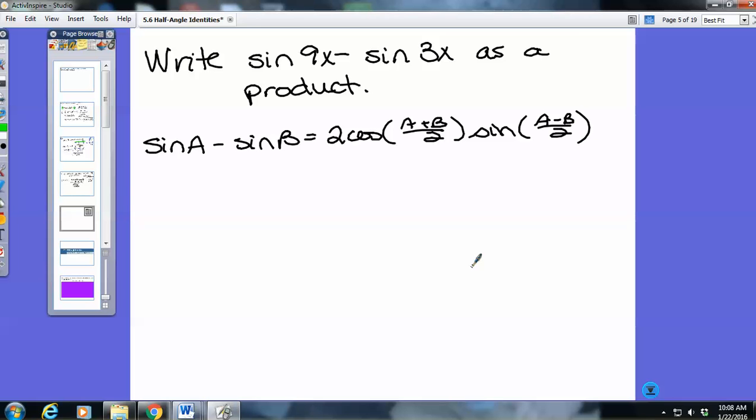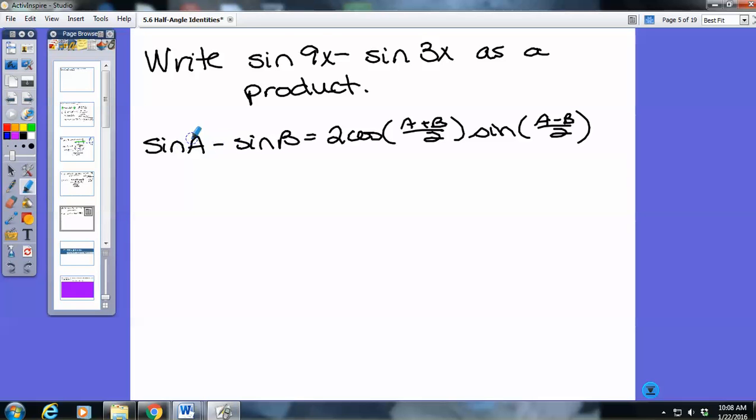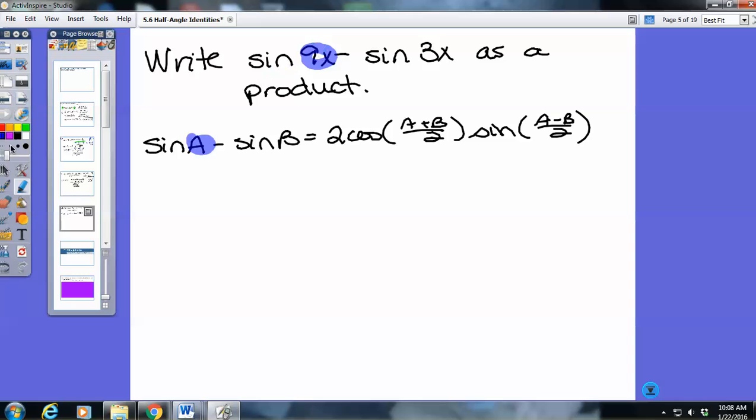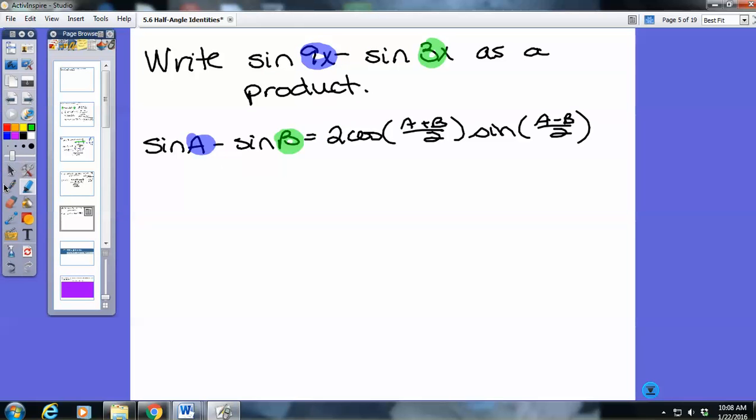I'll give you a point for picking the right formula, even if you make a mistake from there. So write out the formula you're using. In this, it lines up perfectly. So my A is 9x. My B is 3x. So I'm just going to plug those in.